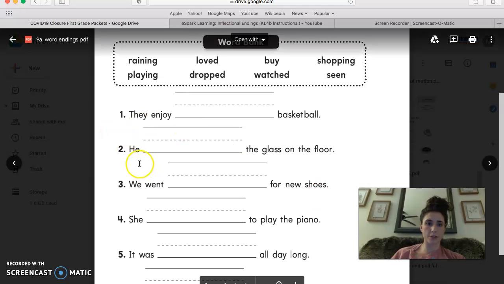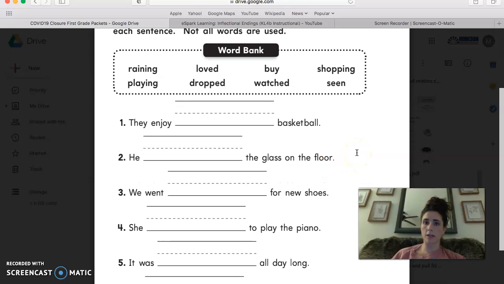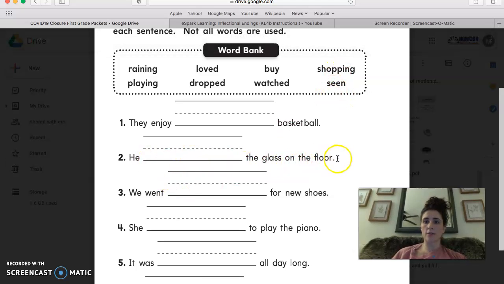Take a look at number 2. He blank the glass on the floor. What did he do? Choose from the word bank. Raining, playing, loved, dropped, by, watched, shopping, seen. He blank the glass on the floor.